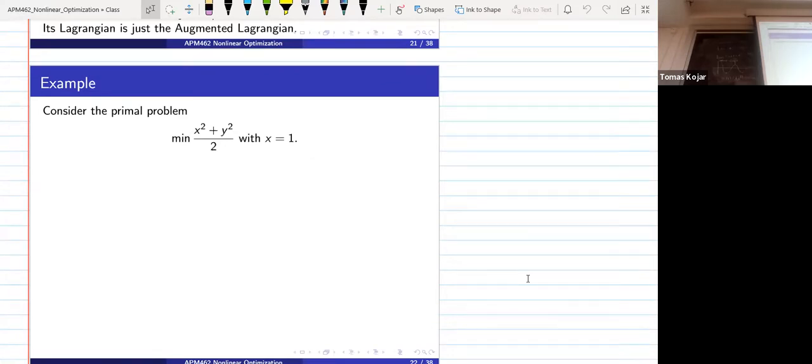No, but it doesn't square. I know it's square, but the square comes at the end.